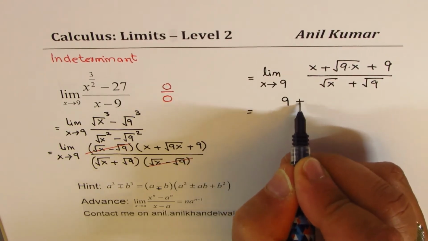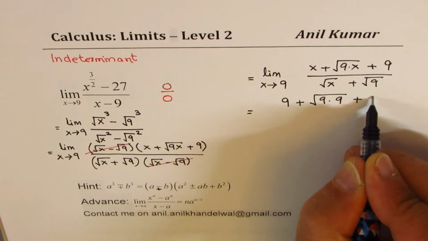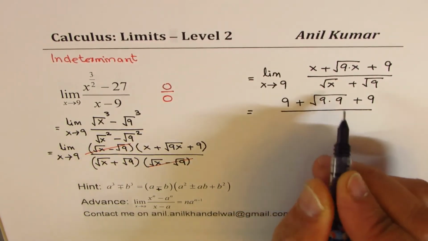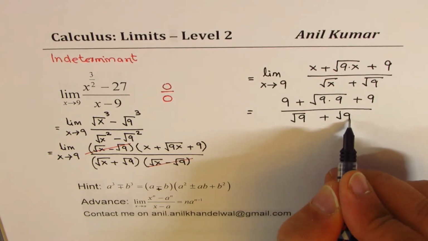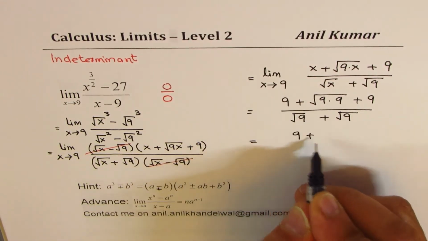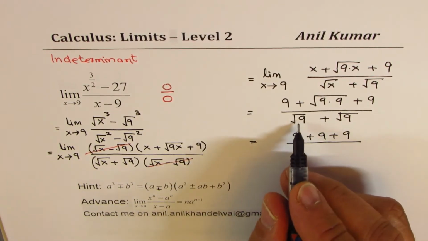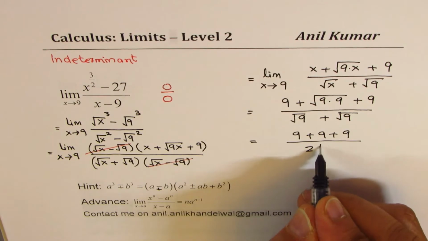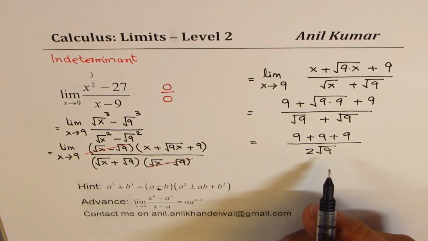You get 9 plus square root of 9 times 9 plus 9 divided by square root of 9 plus square root of 9, correct? And that is clearly in the numerator 9 plus 9 plus 9. I could have written 3 times 9, and this is 2 times square root of 9. Do you see that? That is what you get at this stage, correct?